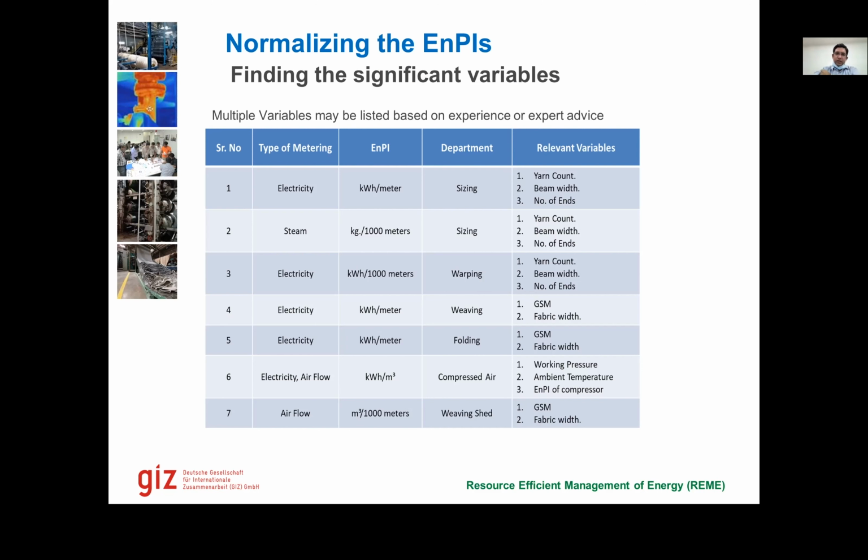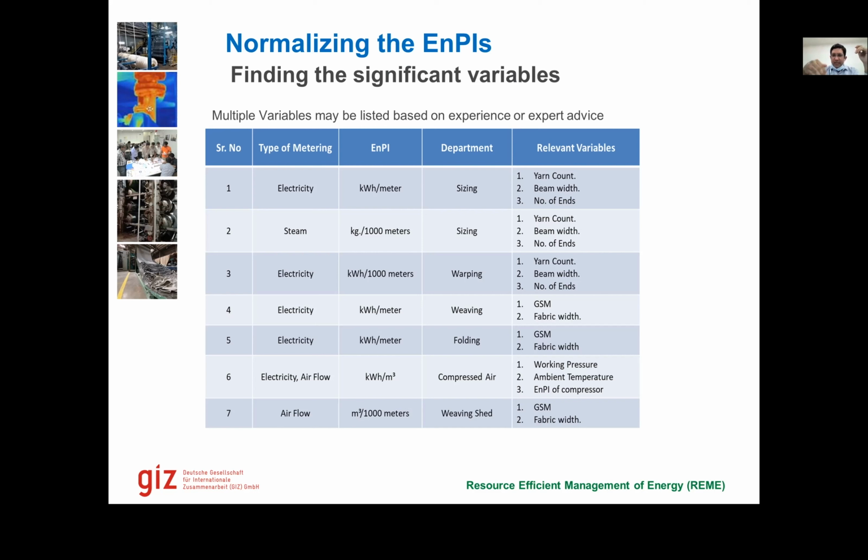This varies energy consumption. Similarly, steam consumption in sizing varies with the same parameters as well. In weaving, for example, grams per square meter weight of the fabric and width of the fabric. These are the two parameters that impact the electricity consumption. So if the fabric weight increases, electricity consumption increases. Similarly, if the fabric width increases, the electricity consumption would also increase.